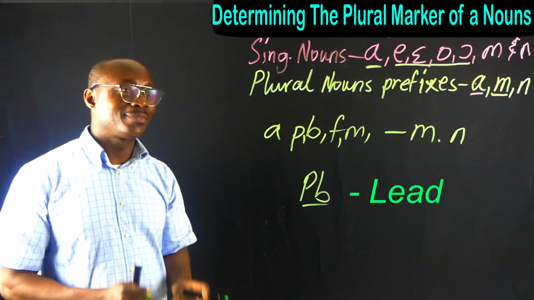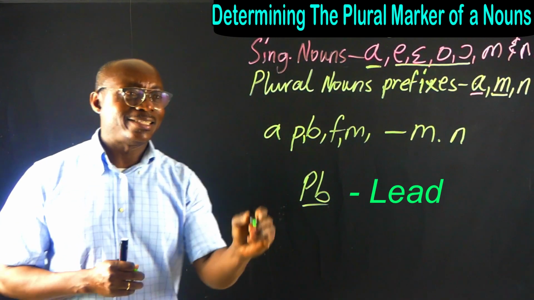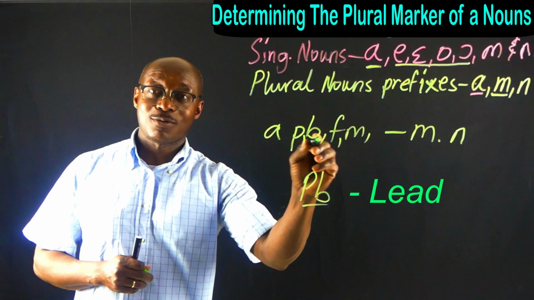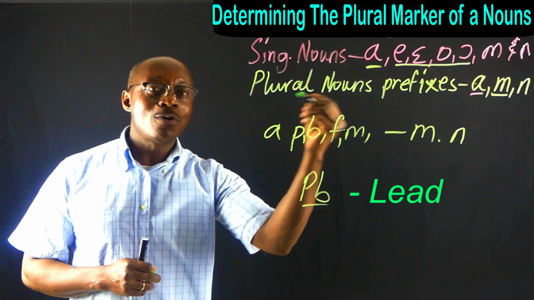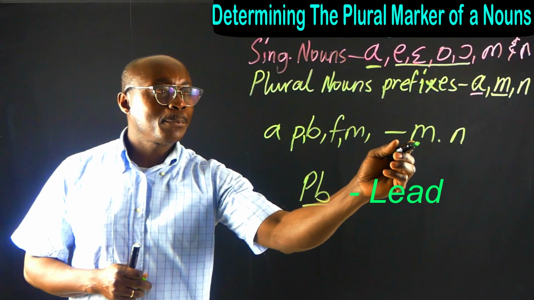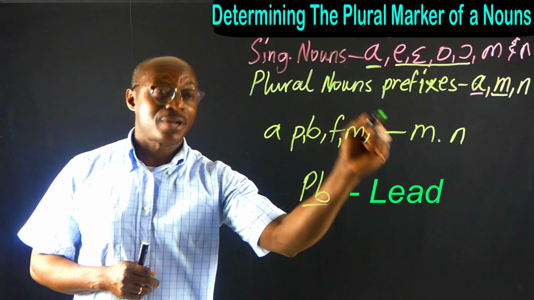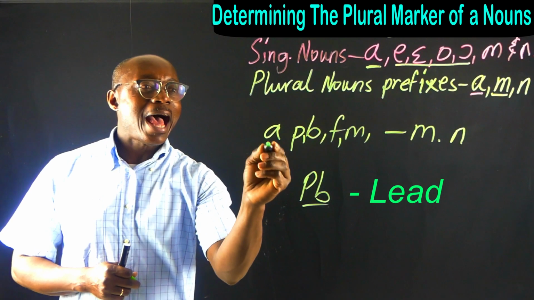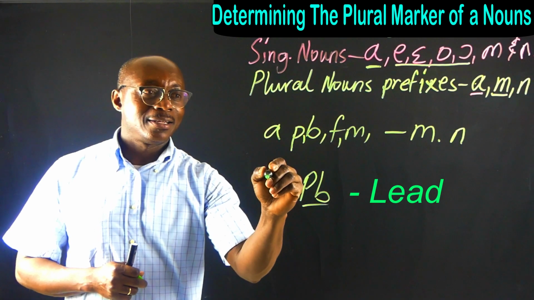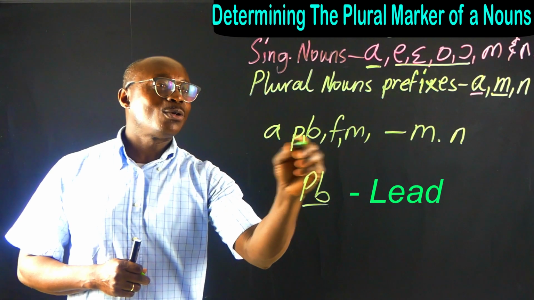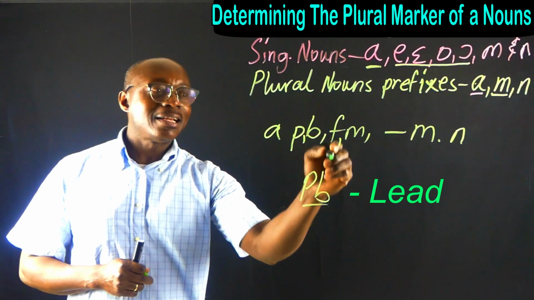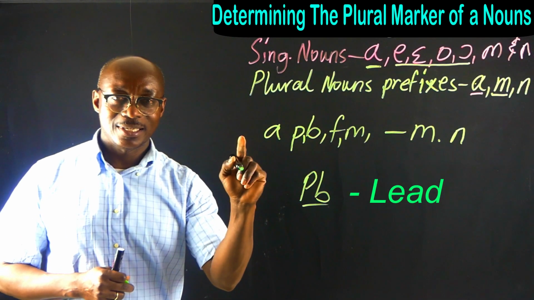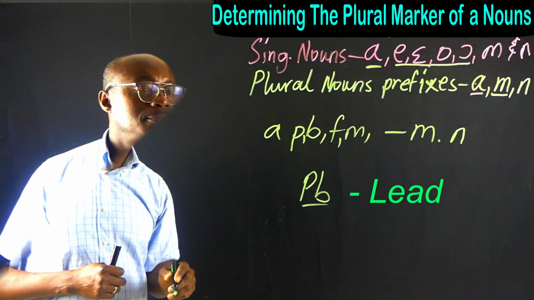I'm saying that if you get a noun in the singular state with a prefix a, followed by any of these consonants, then in the plural state, it will take m as what? Prefix. If you find a noun and it has the prefix a, however, different consonants, then it will take n as what? Prefix. Let's look at some of the examples.